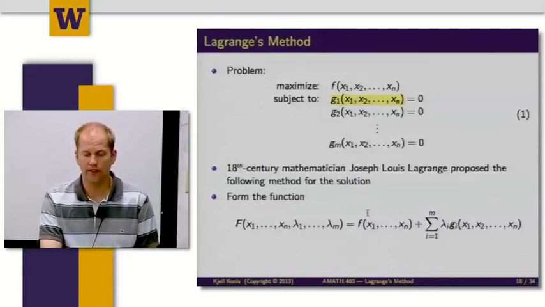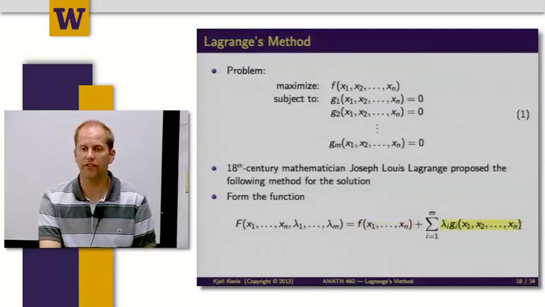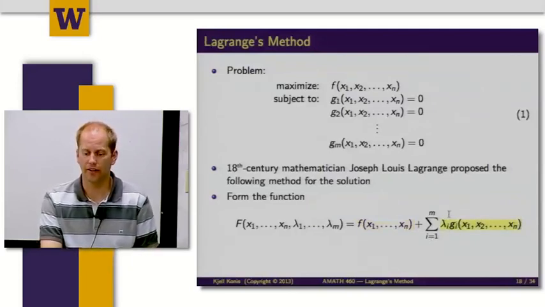And the way you make this function is you just put the objective here, and then you add lambda times each of these constraints to that objective function. So you have lambda 1 times g1 plus lambda 2 times g2 plus lambda 3 times g3 and so on.